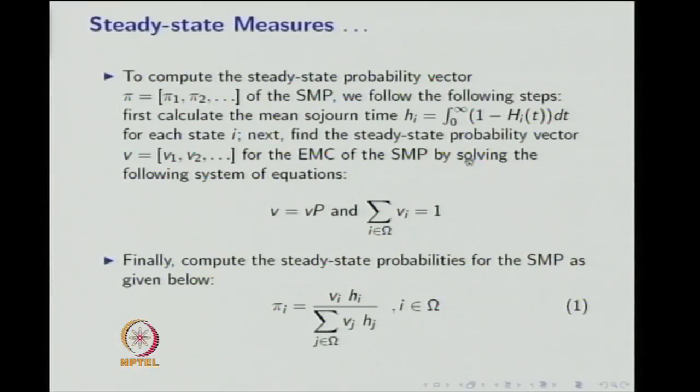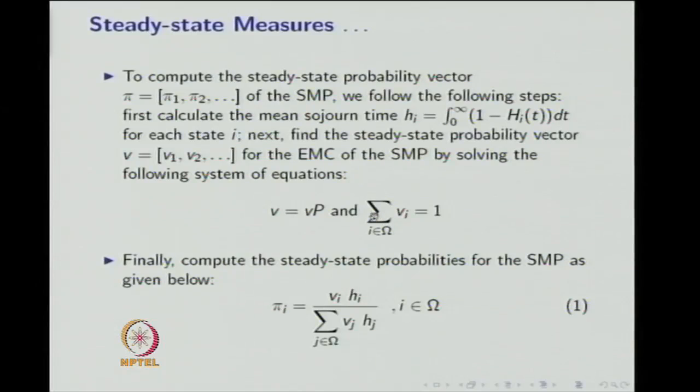So how to find the steady state probability vector of the embedded Markov chain? You know P is a transition probability matrix. So solve V is equal to V P and summation of V i is equal to 1, and you will get the V i's.